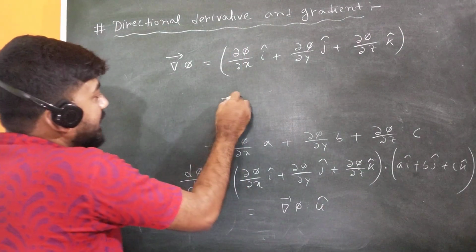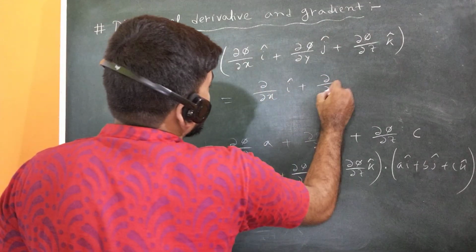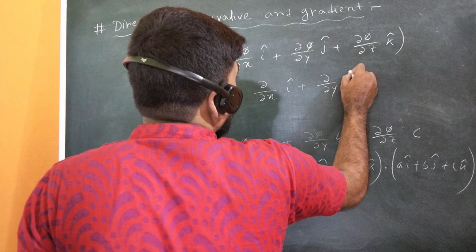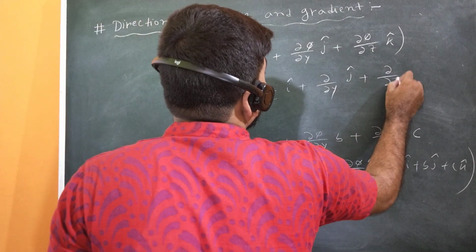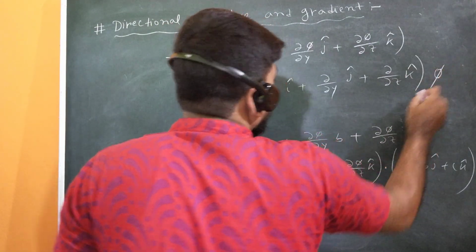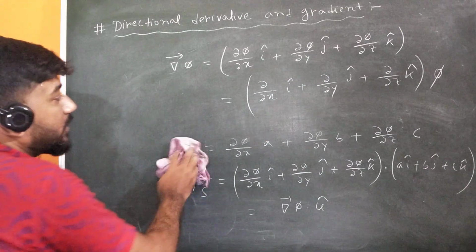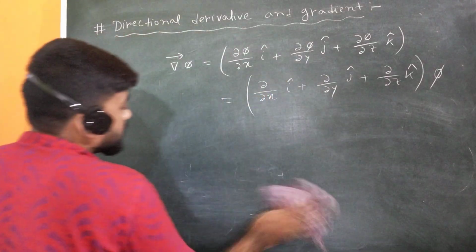Now you can write it in another way also, that is del/del x i cap plus del/del y j cap plus del/del z k cap. You can write it in this way also, okay, and it will operate on phi. So this is actually nothing but an operator, and this is the del operator.